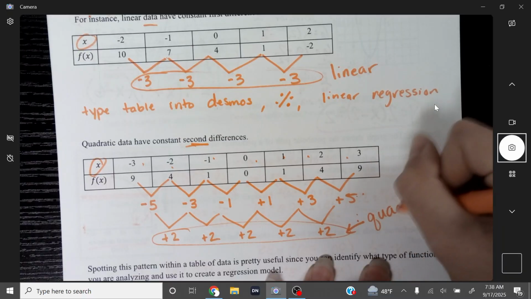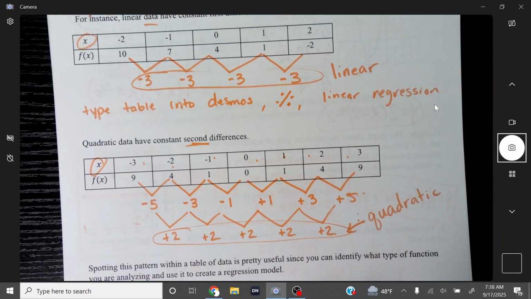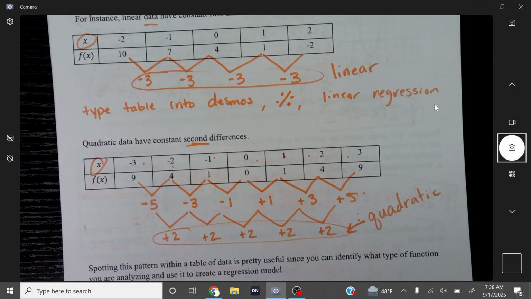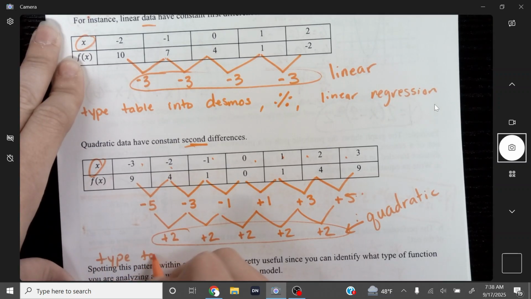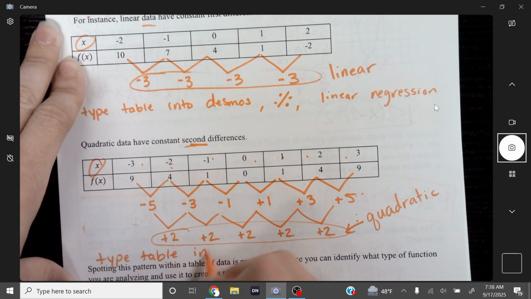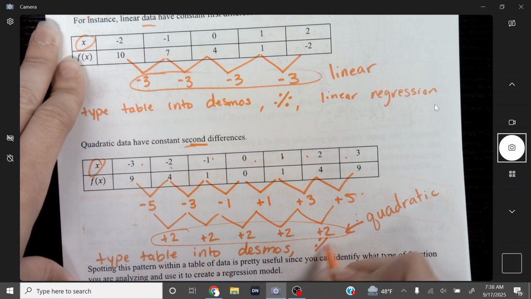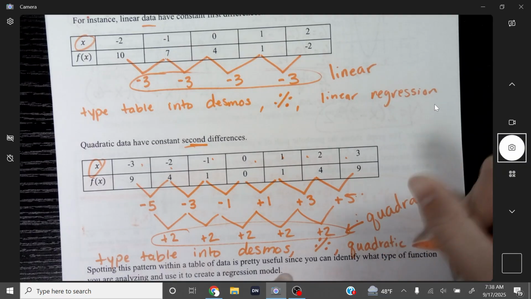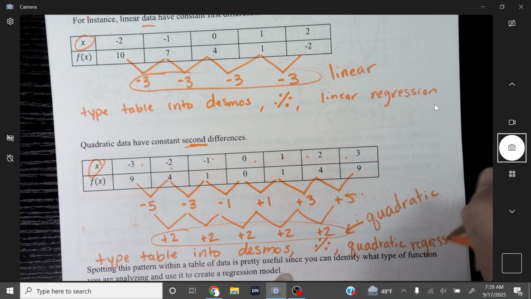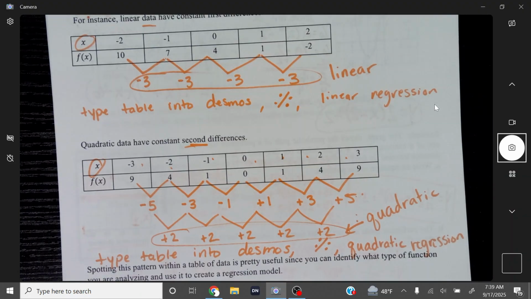This is what we would call quadratic. So if you were asked to write an equation for this, you could type the table into Desmos. You will hit the regression button, and you want to make sure it says not linear. You have to change it to quadratic regression. And I'll show you an example of that.